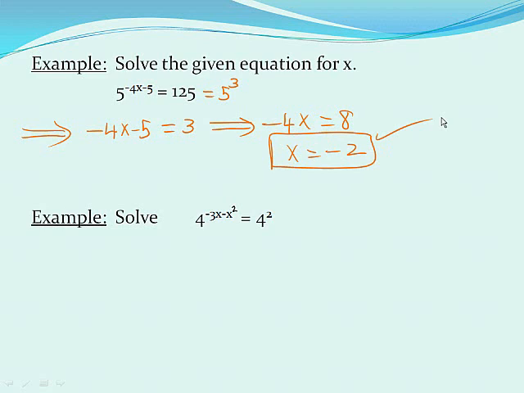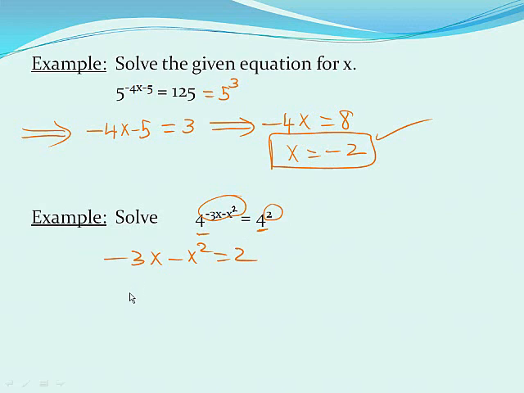In the next example, we are getting 4 to the power negative 3x minus x squared equals 4 to the power 2. Here the bases are 4, they are equal, so I can equate the exponents. This exponent here is equal to the exponent on the right. What does that equation mean? That equation means negative 3x minus x squared equals 2.